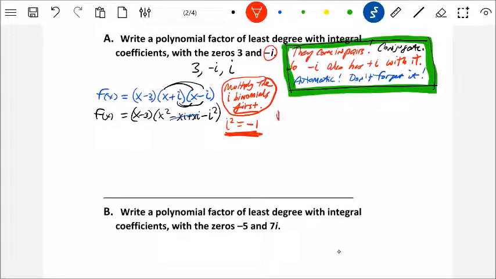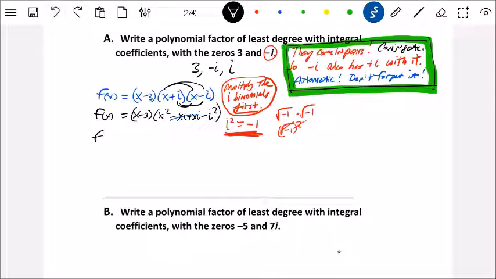That's because i is the square root of negative 1, and if you square it, you get square root of negative 1 times square root of negative 1. So, or it's like the square root of negative 1 squared, and those cancel, so you get a negative 1.